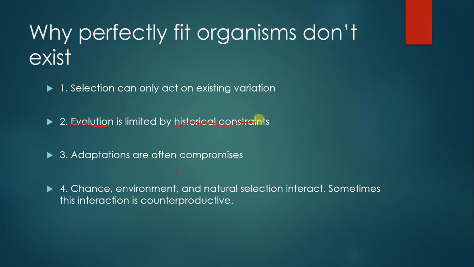So we can't have perfect super lungs because our lungs do very many other things besides just hold our breath. Then fourth, chance, environment, and natural selection all interact, and sometimes these interactions are counterproductive. I mean, they don't always allow the best fit trait to come to the top.